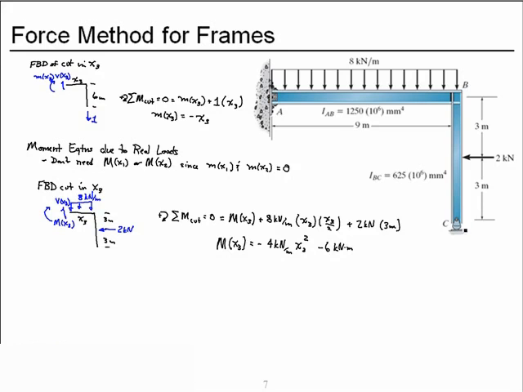And a reminder, our primary structure has no rocker support at C. Now we're ready to combine these in the virtual work method of deflection prediction, and we'll get delta C, the vertical displacement of the primary structure at C.